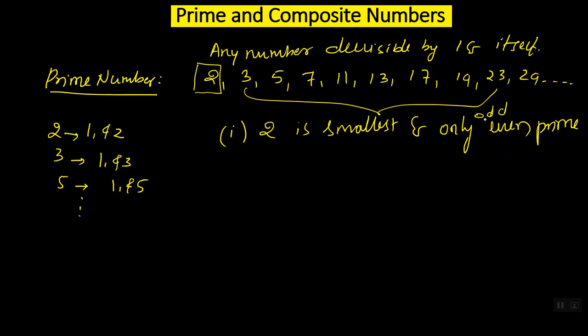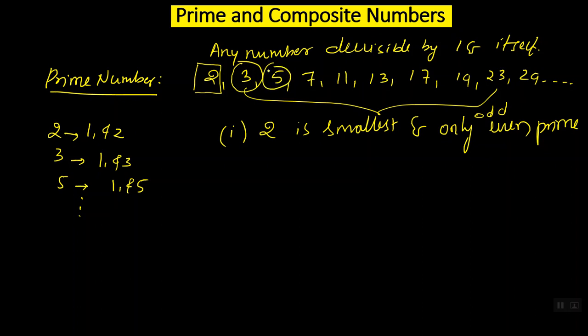Now, they may also say the smallest odd prime. Which one is the smallest odd prime here? 3. Rather than saying smallest odd prime, they may say the second smallest odd prime, the third smallest odd prime.